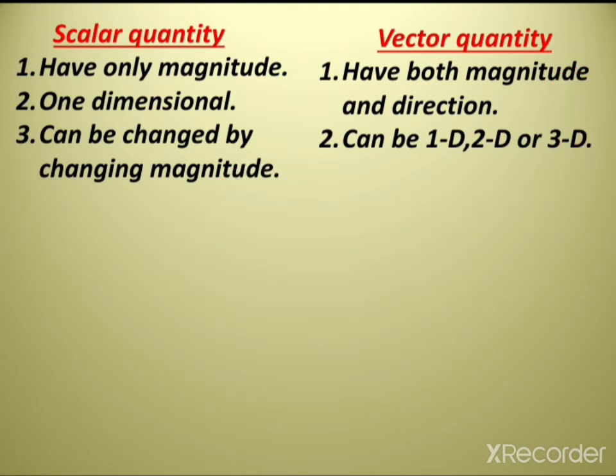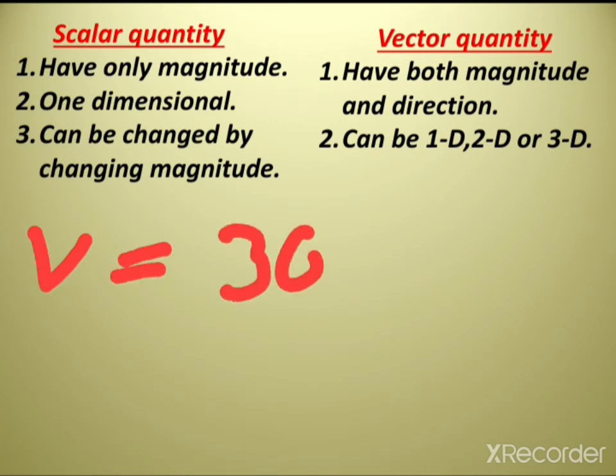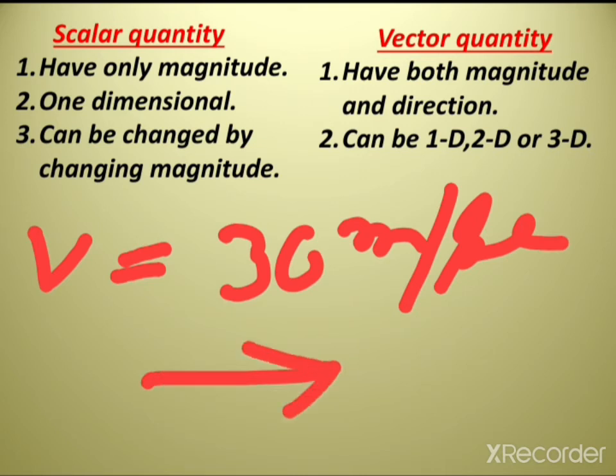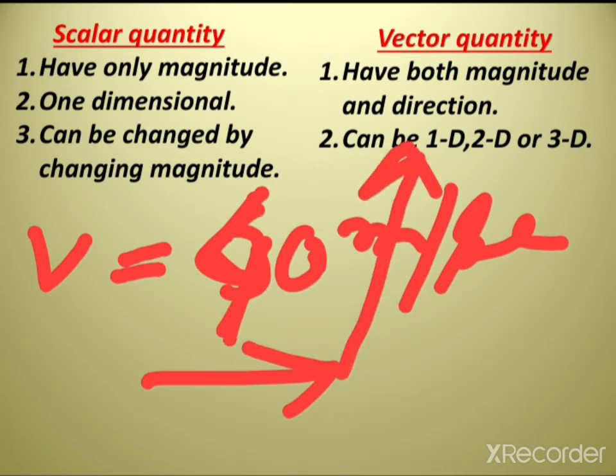And another way to sense the velocity of a moving body, suppose you have v equal to 30 meter per second and the body is moving in this direction, then you can sense the velocity by sensing its magnitude. Suppose this is now 40 meter per second and the direction is in this direction.